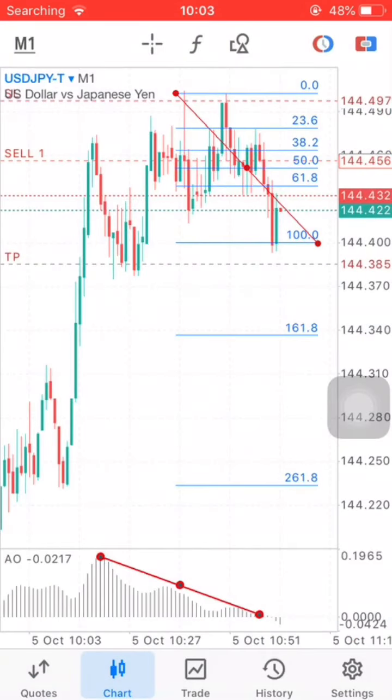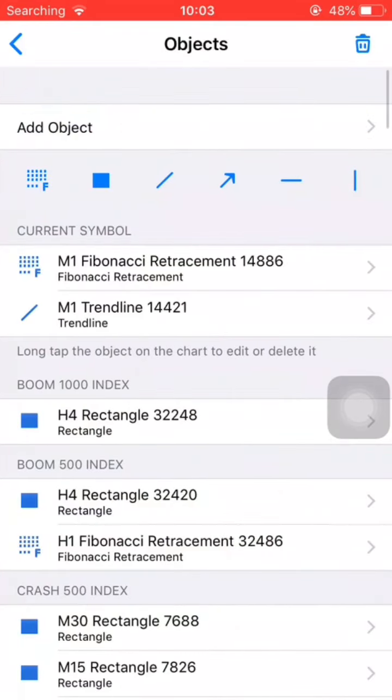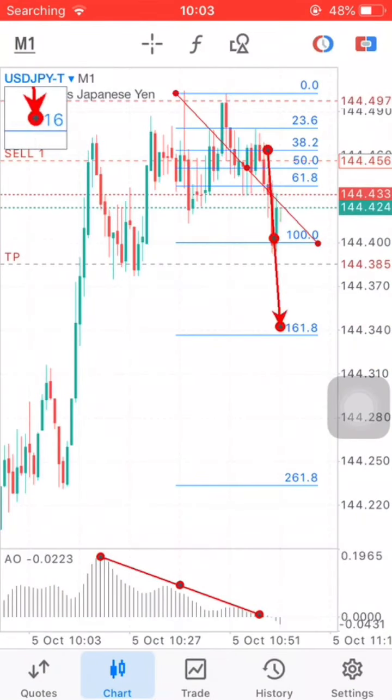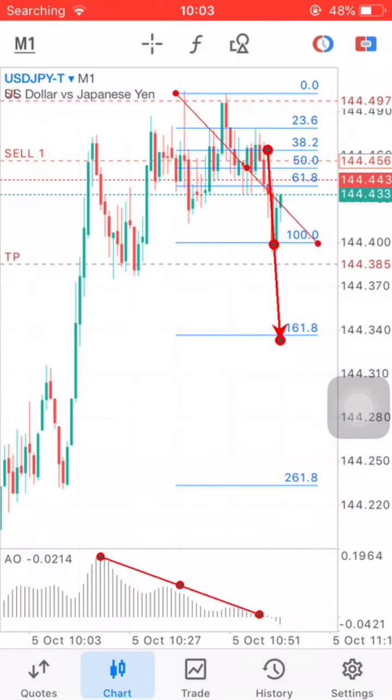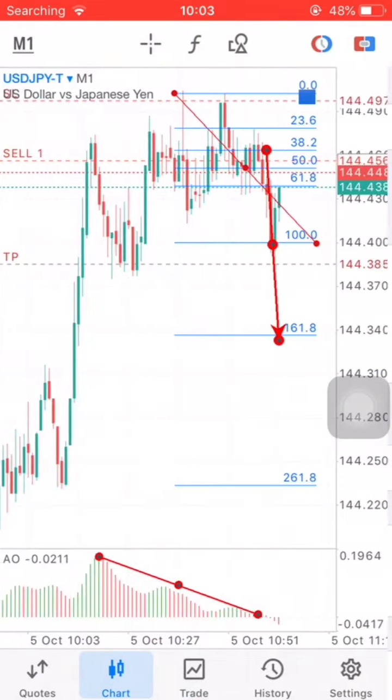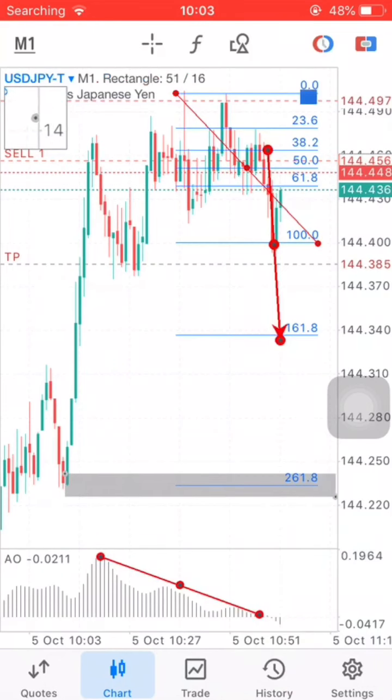Market is coming down here on the zone. On this 161.8, it's actually where the market will come, and surely also another area here, guys.